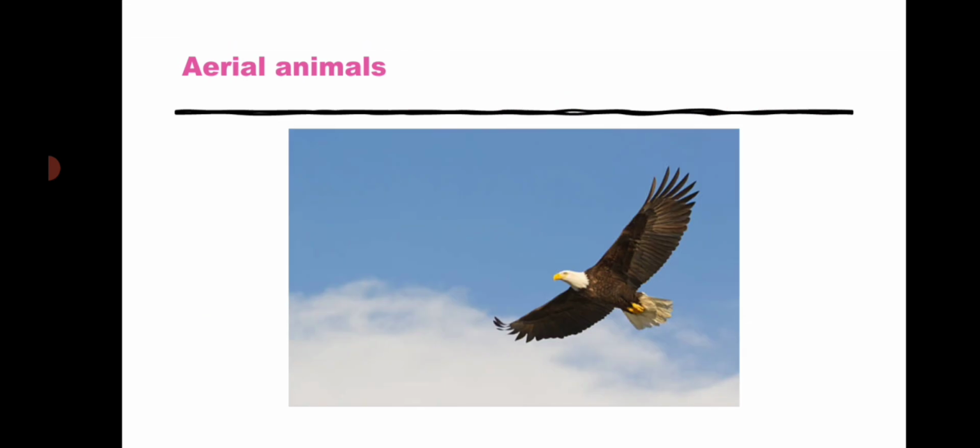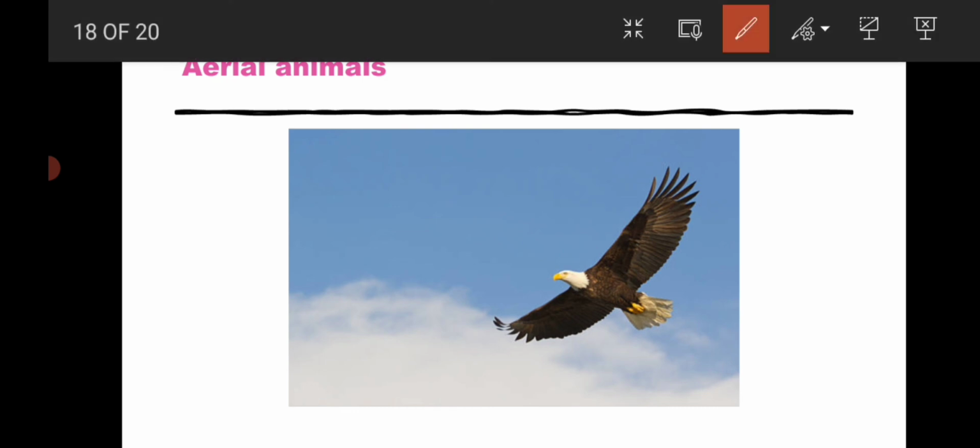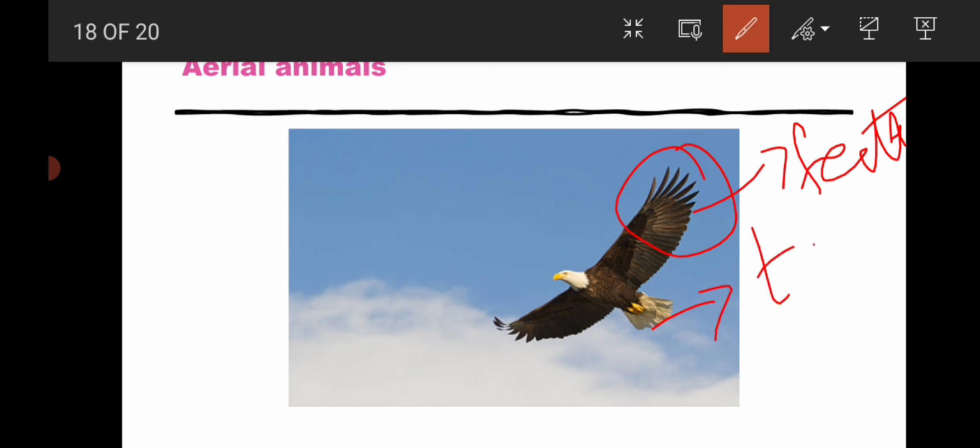Next, coming to aerial animals. Aerial animals are those living in air, that is in the flying condition. You can see this is an eagle. The eagle has feathers. This part is called feathers. In last year you studied 3 different types of feathers. Birds have the flight feather, the feather which is used to cover the body, and they also have tails to change direction.